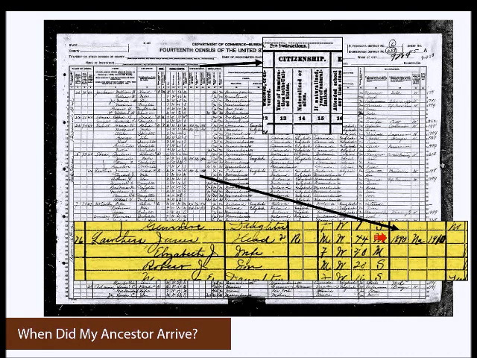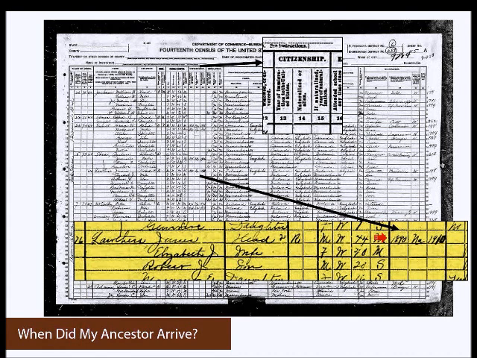So here we see that the heading for citizenship says column 13 is the year of immigration. Column 14 is whether or not the person is naturalized or an alien. And column 15 is, if naturalized, what year? Gold mine.